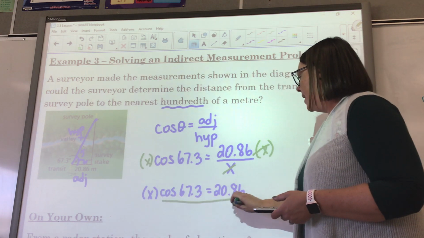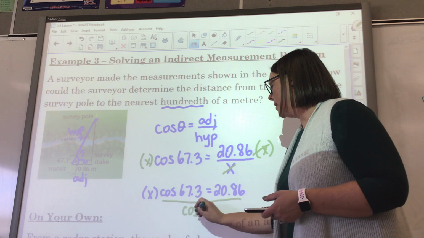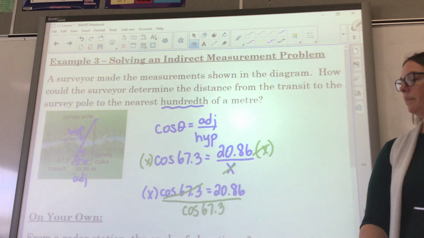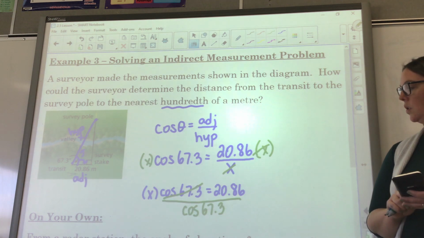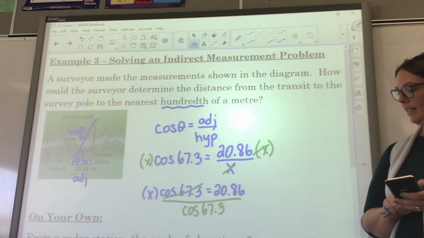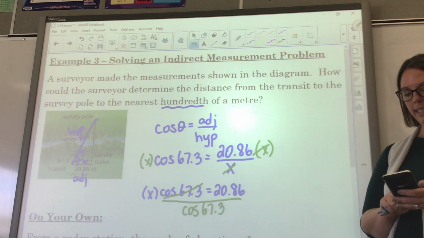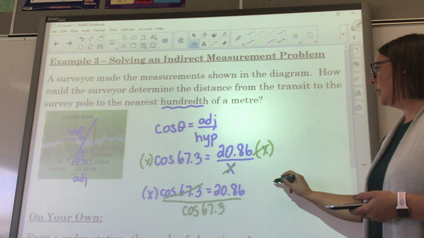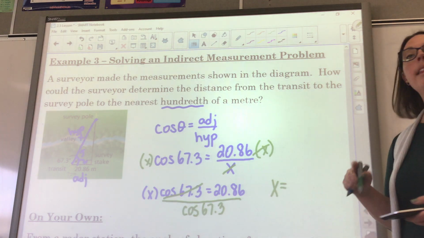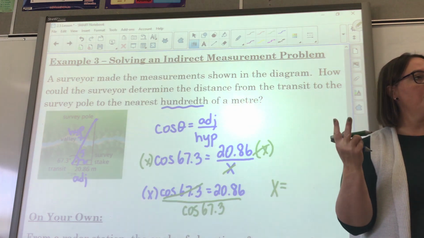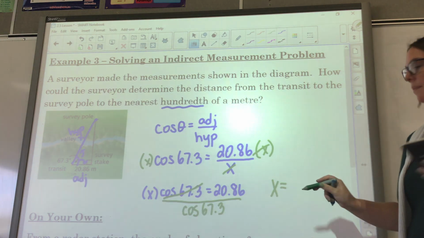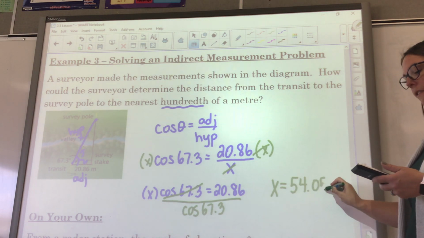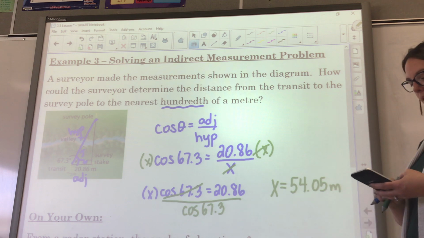And I divide by cos 67.3, which gets rid of that one. So 20.86 divided by cos 67.3. We're going to the nearest hundredth this time, which is 2 decimal places, not just one. So you're going to get 54.05 meters.